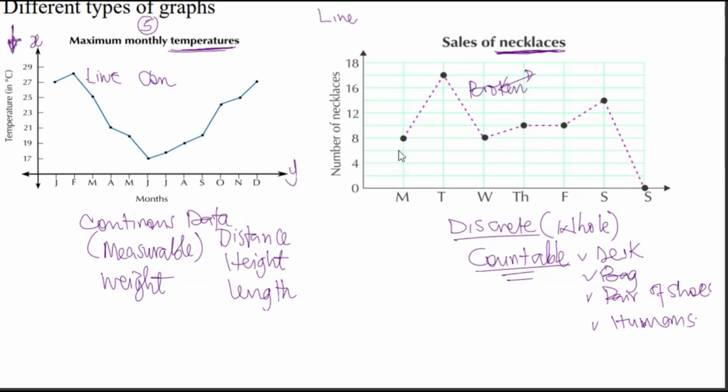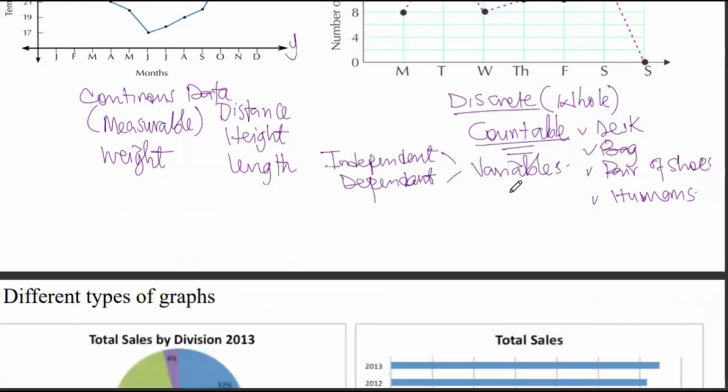We have what we call the independent and the dependent. These are variables. We shall see them when we look at costs and the income.